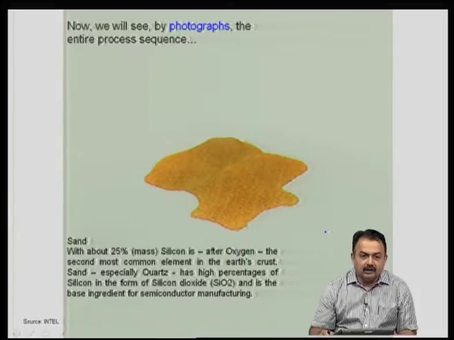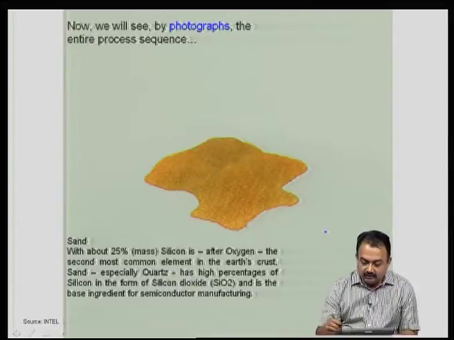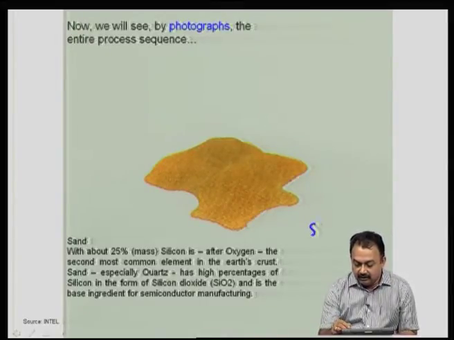Sand, and you can call it especially quartz material, has a higher percentage of silicon in the form of silicon dioxide and is the basic ingredient for semiconductor manufacturing. Okay. So, we are going to start with silicon dioxide that is present in quartz.